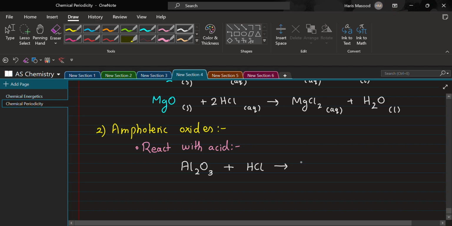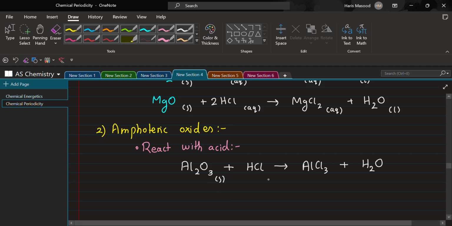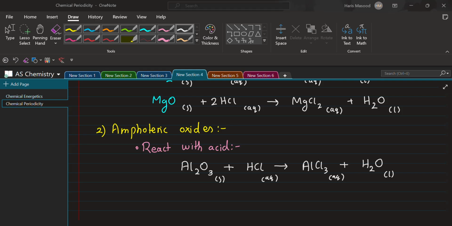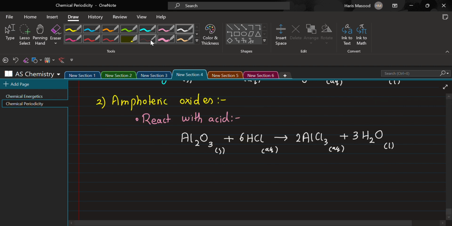The salt will be aluminium chloride, and you have water. Simple as that. Now you just have to balance it: 6 to 3.